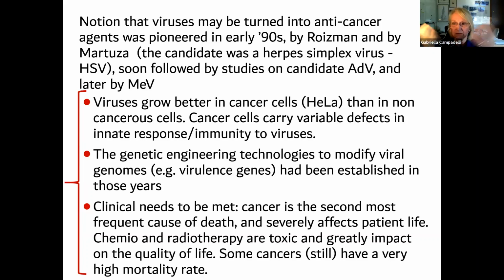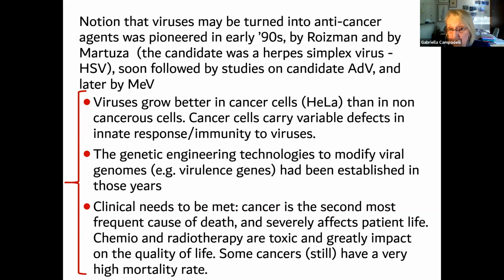And this idea came from three pillars. First, it is well known that viruses grow better in cancer cells, the famous, for example, HeLa cells, than in non-cancer cells. And the reason is that cancer cells carry variable defects in the innate response to the virus. So they pose less obstacles to virus growth.